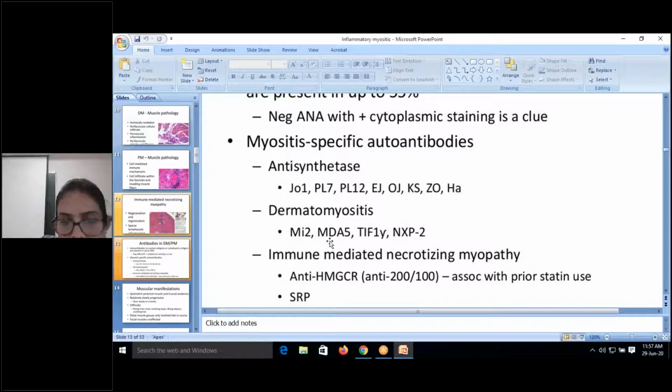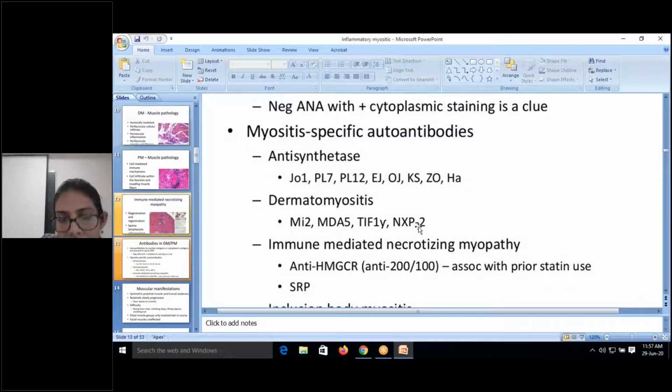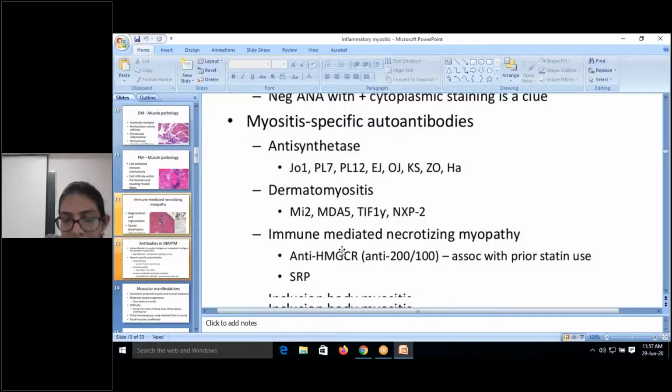Dermatomyositis antibodies: Mi2, MDA5, TIF1 gamma, NXP2. These are dermatomyositis antibodies. So just remember antisynthetase antibodies are these, and dermatomyositis ones are Mi2, MDA5, TIF1 gamma, NXP2. Then coming to immune-mediated necrotizing myopathy.